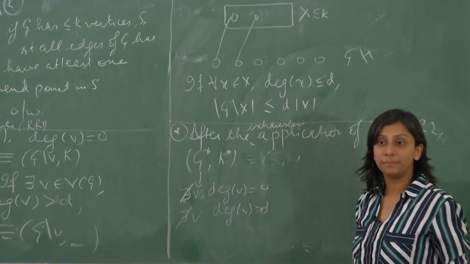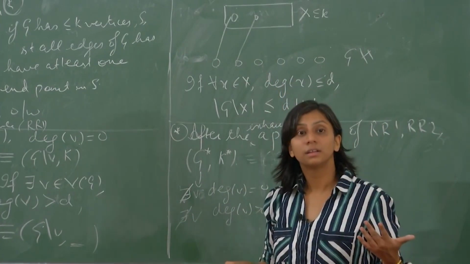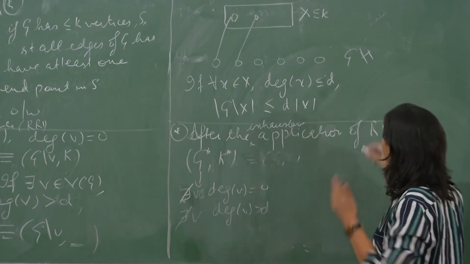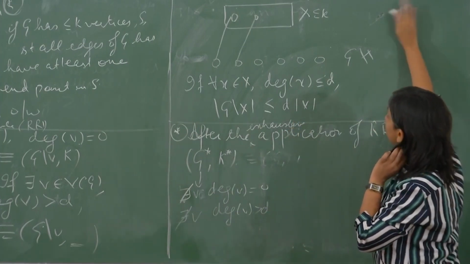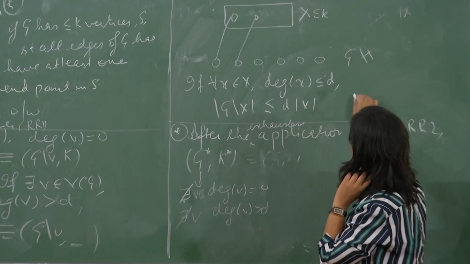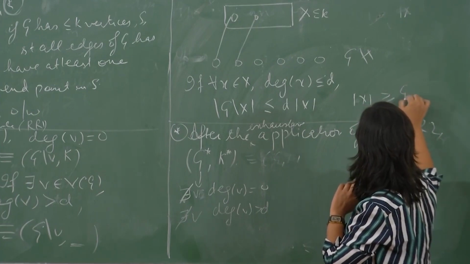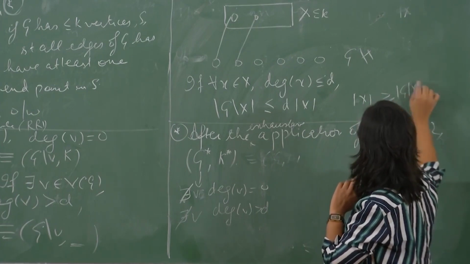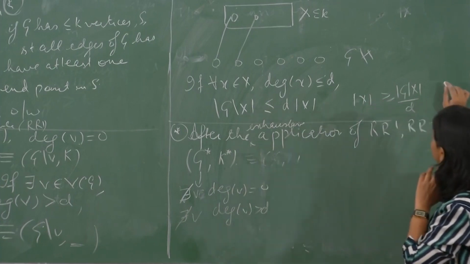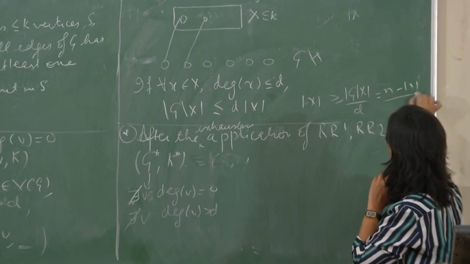Then what can we say? X has to be greater than n minus x by d.